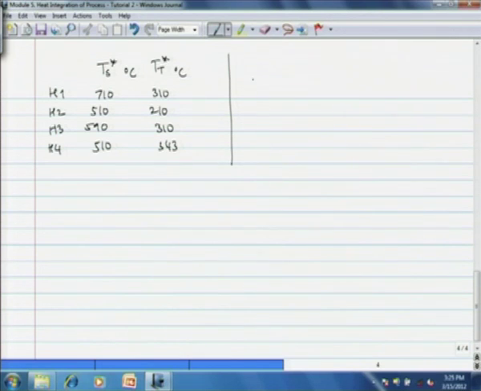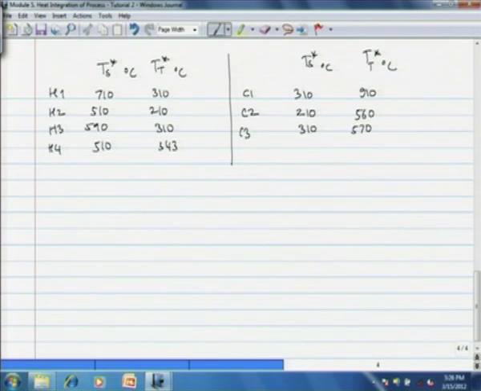Then the cold stream temperatures. Now, here we have to increase the temperature by 10 degrees centigrade. So, C1 supply temperature becomes 310, target temperature becomes 910. C2 supply temperature becomes 210, target temperature becomes 560, and C3 supply temperature is 310 and target temperature is 570.